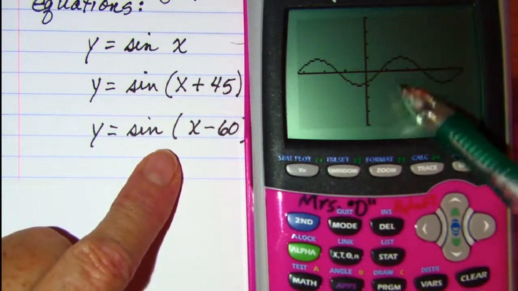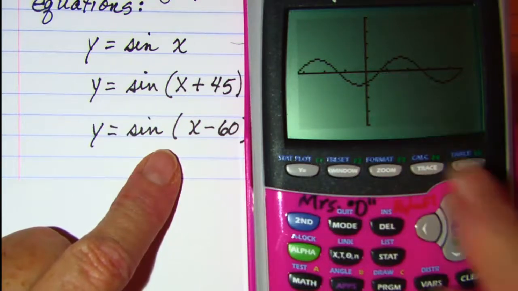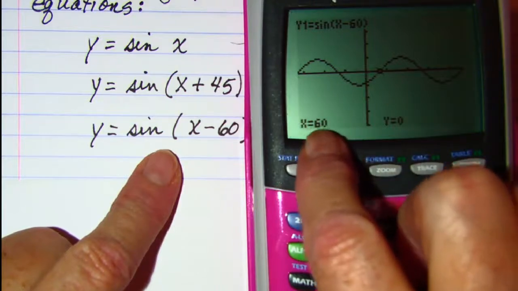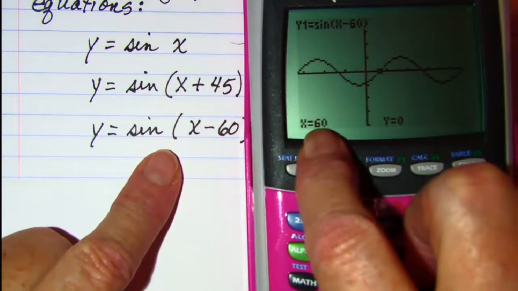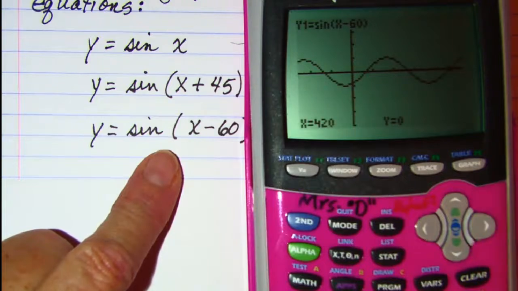So the beginning of our period is right here. And if we trace, we can see that it's at a positive 60. So it should end at whatever 360 plus 60 is, so 420. Yep.